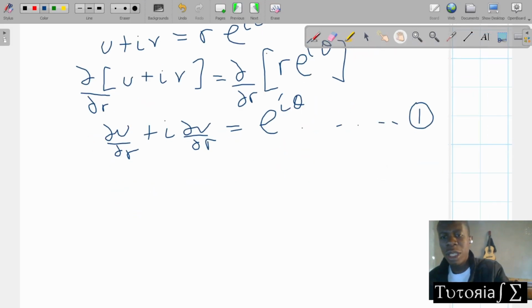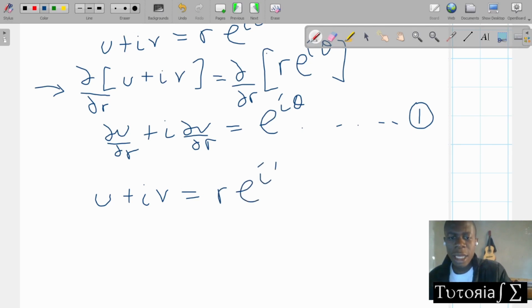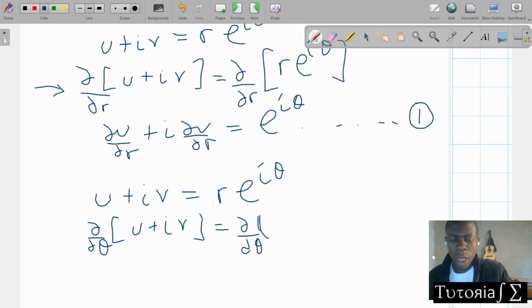Now equation 2, so this is how we're going to get equation 2. We differentiate everything with respect to theta. So we have u plus iv equals r e to the i theta. Differentiating everything with respect to theta, we have the derivative with respect to theta of u plus iv equals the derivative with respect to theta of r e to the i theta.